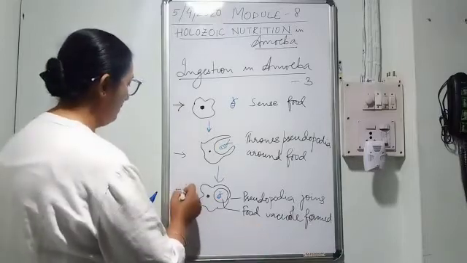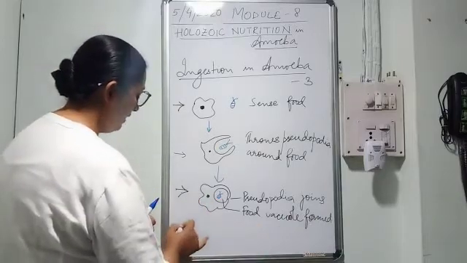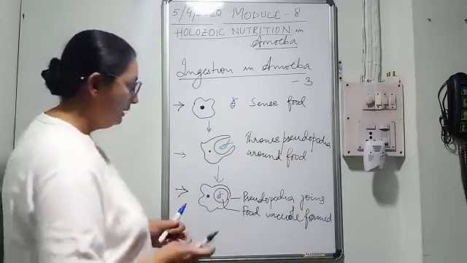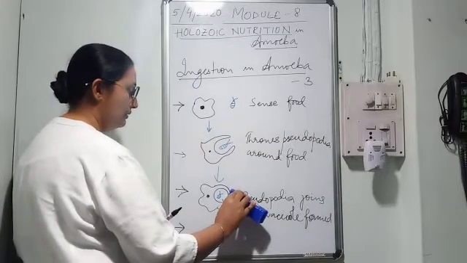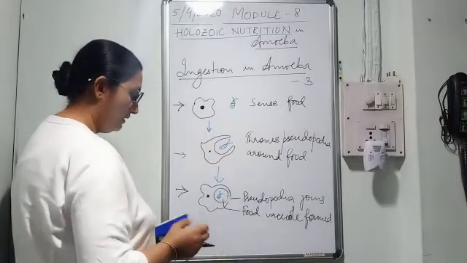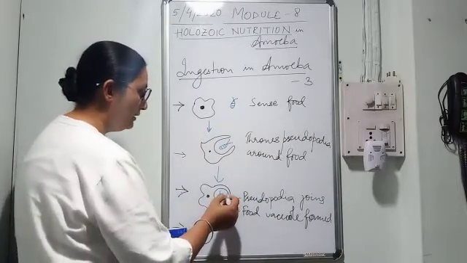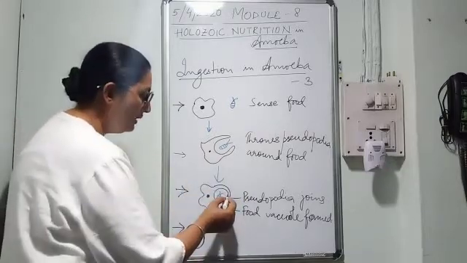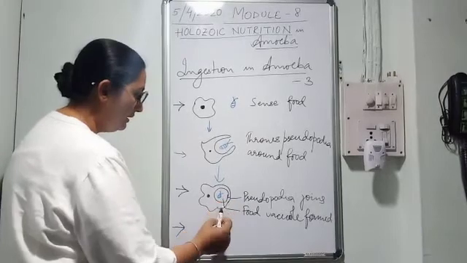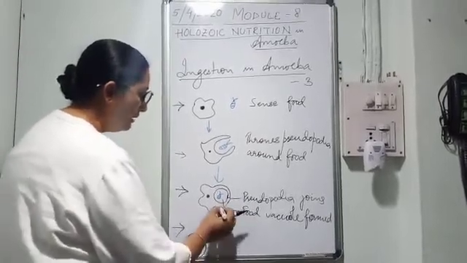So this is step number 3. And the last step to conclude: the fusion point of the pseudopodia dissolves. So it completely comes under the cell. The fusion point dissolves. Here I am keeping the point and here I am showing that it has dissolved.